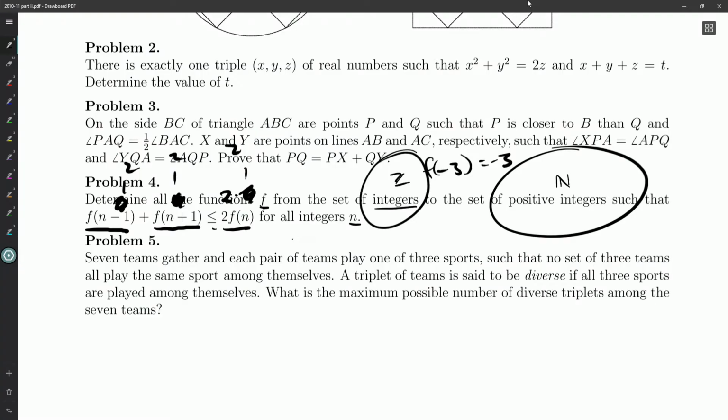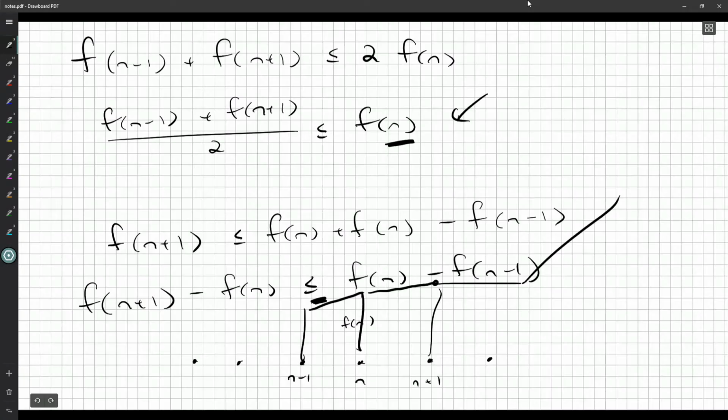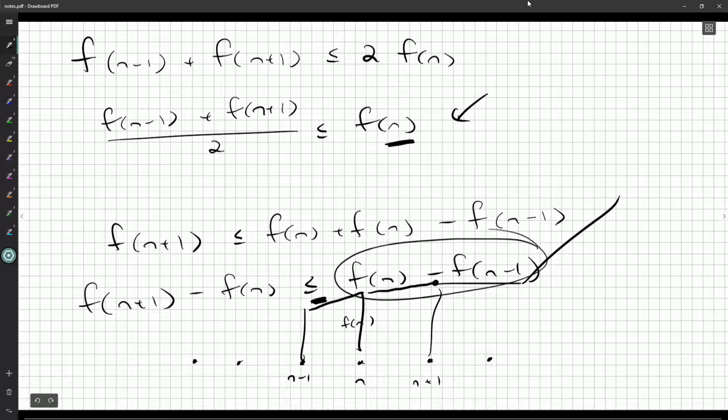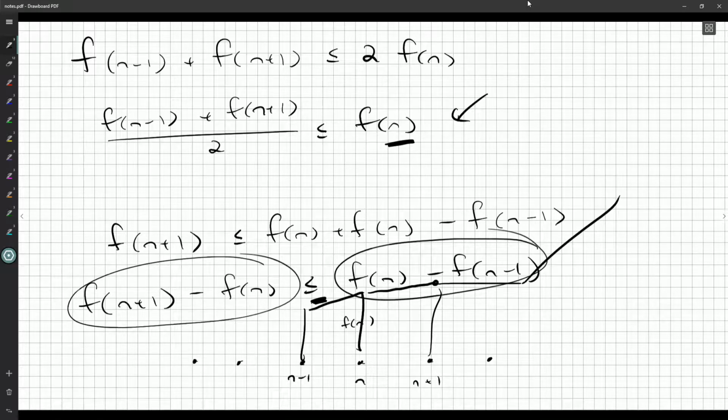So if the function were constant, and we look at the second way of writing it out that I've got here, then this would be 0 and this would be 0, right? Because it's the same number, so 2 minus 2, 2 minus 2. So let's suppose for a second that it wasn't.